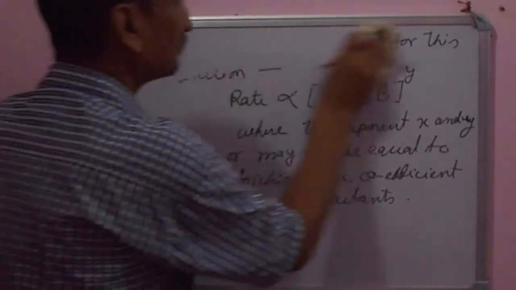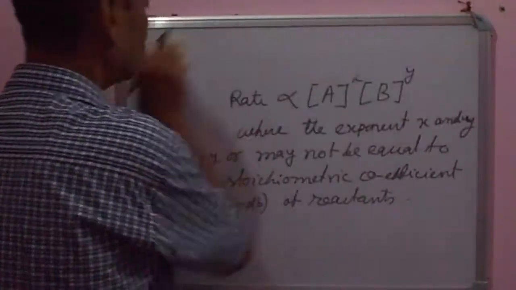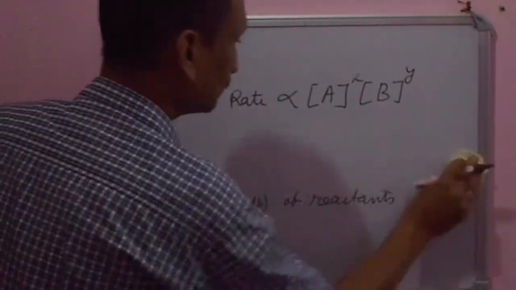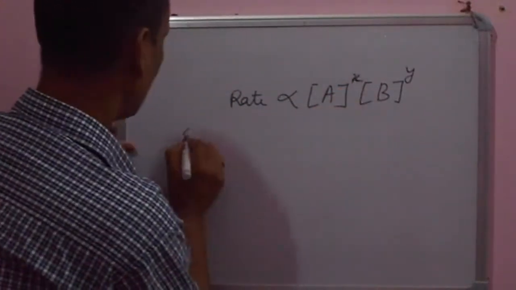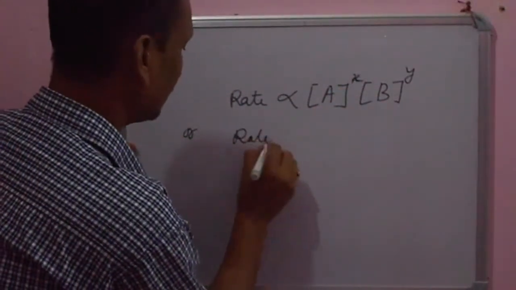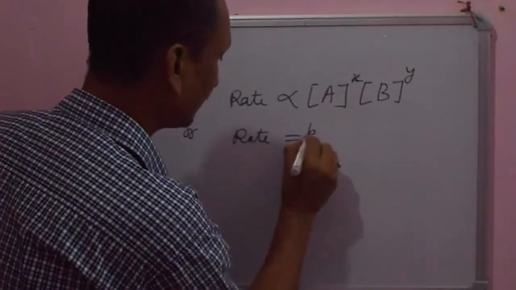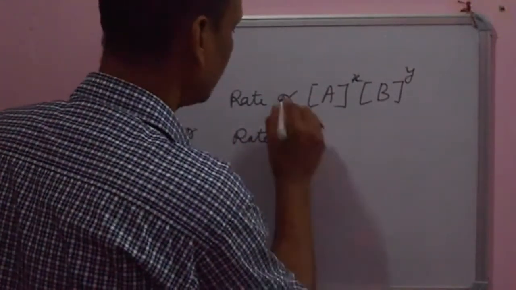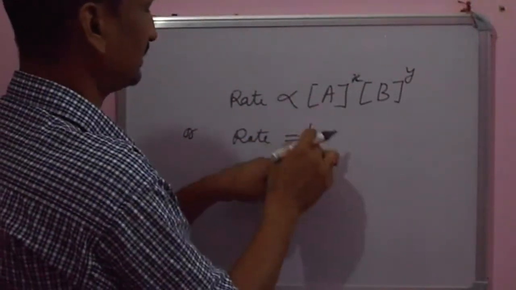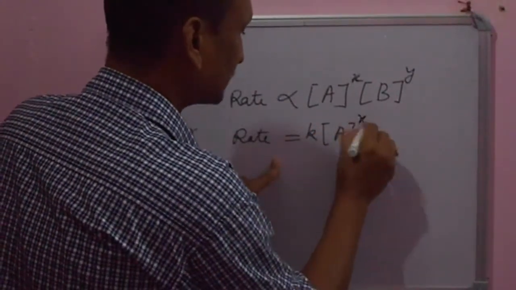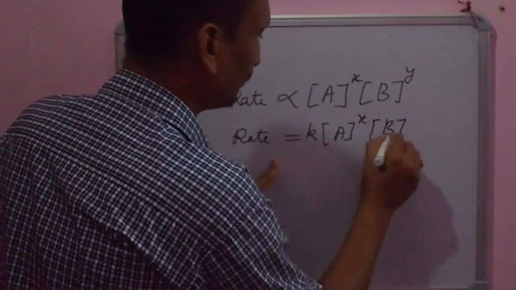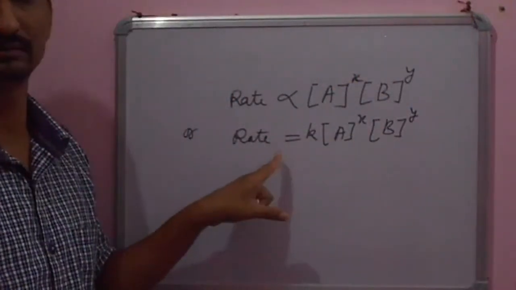Or rate will be equal to k, a proportionality constant, k is needed, concentration of A to the power x, concentration of B to the power y.